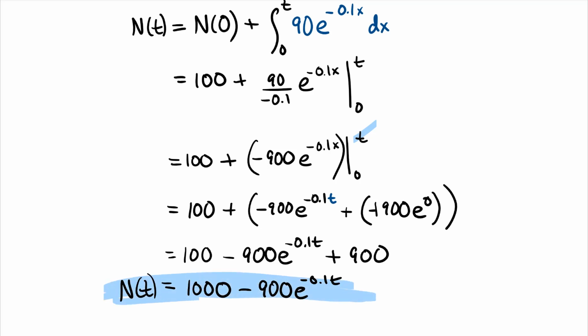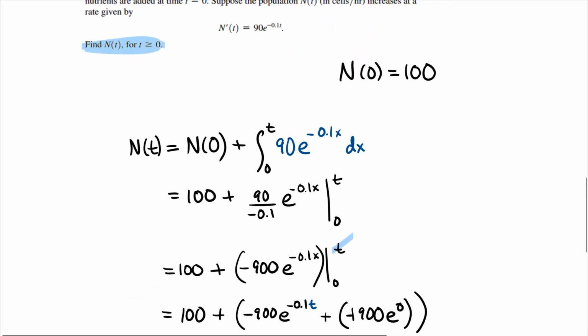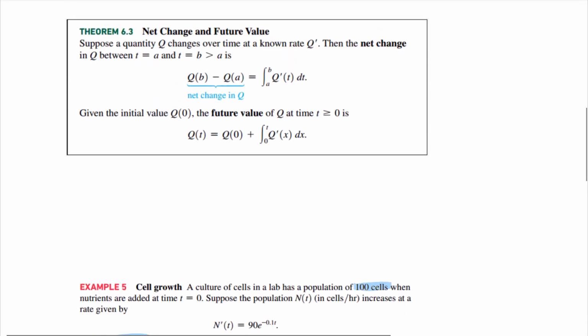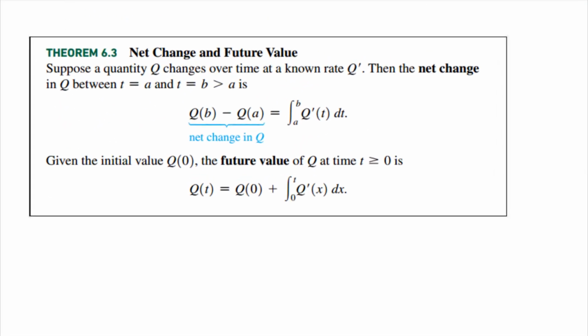So what we're learning here is that at any time, if we know the rate of change of something, it doesn't matter whether it's velocity. Velocity is the rate of change of your position function. Acceleration is the rate of change of your velocity function. Jerk is the rate of change of your acceleration function. Maybe it's going to be cells in a petri dish. Maybe it's going to be marginal cost, as it has to do with economics.